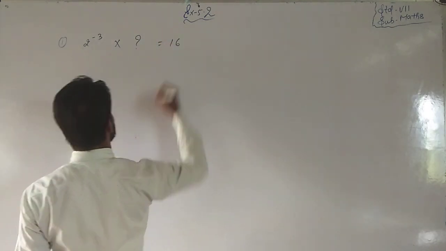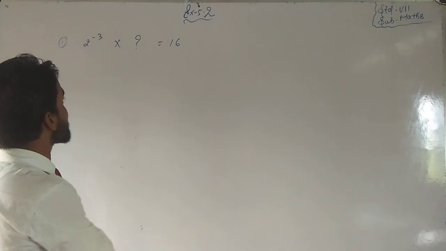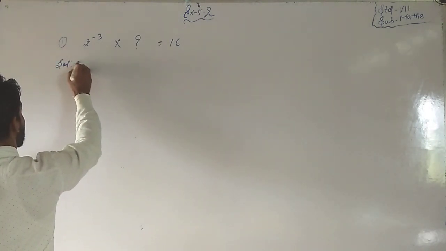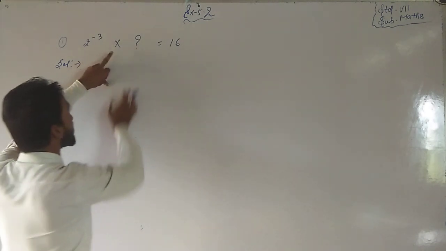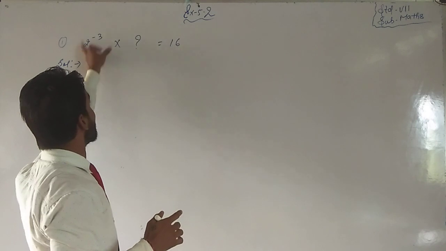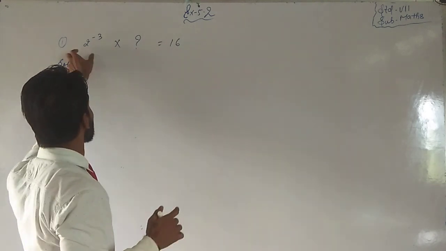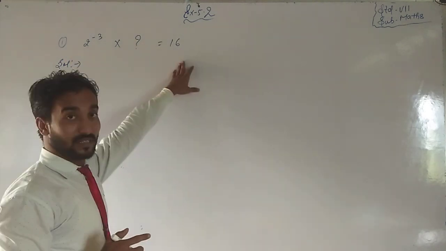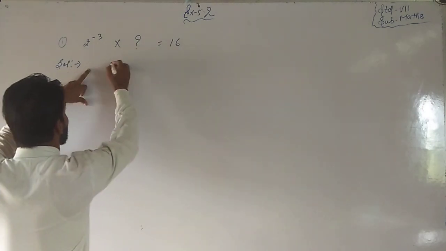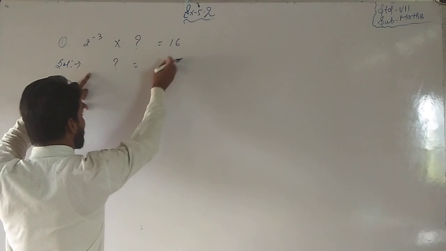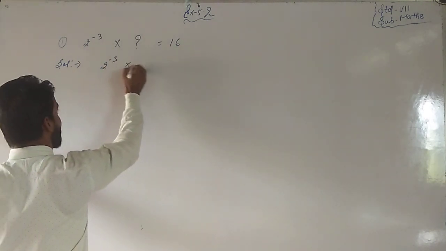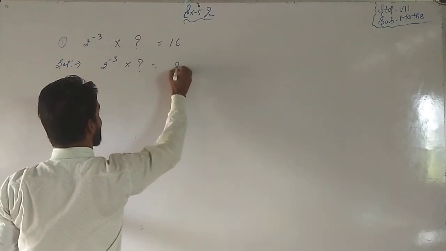So students, think: in general questions, if any numbers are in multiplication, what do we use? We transfer this number just after the equal sign. First of all, can we write 2 to the power minus 3 into what is equal to 2 to the power 4?